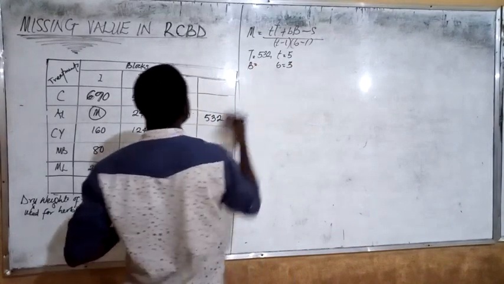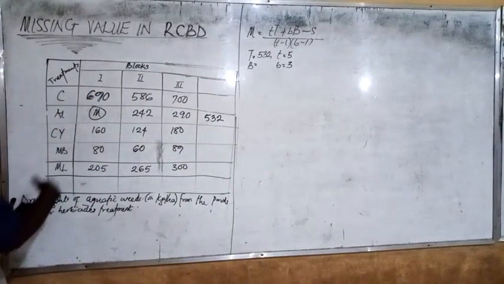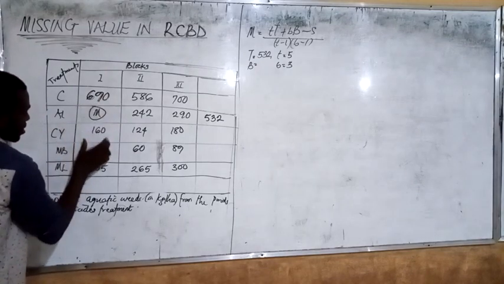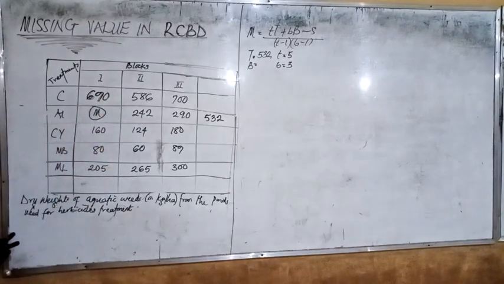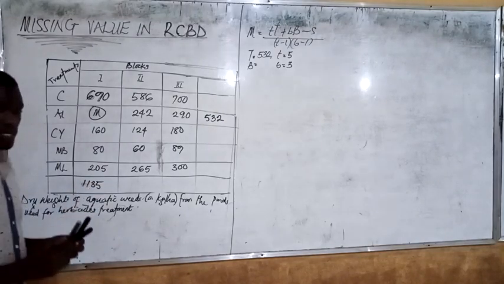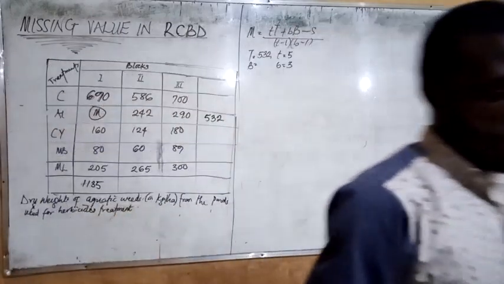Then our big B is going to be the sum of the values in the same block as the missing value. So let's calculate this plus this plus this plus this. That is going to give us around 1135. Let me confirm that. 1135.